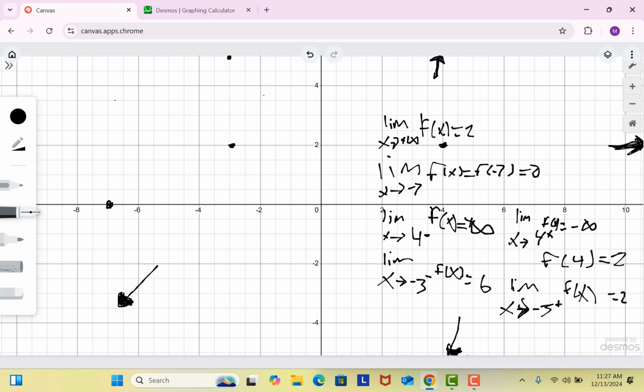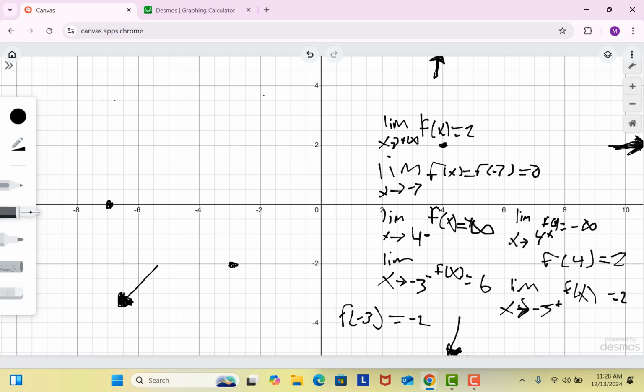You can't have two closed circles in the same spot because a function can't have two values at the same point. This is actually important because we're given that f of -3, meaning when the input is actually -3, equals -2. So that means that it's going to be a closed circle at -3, and we're going to make these open circles.